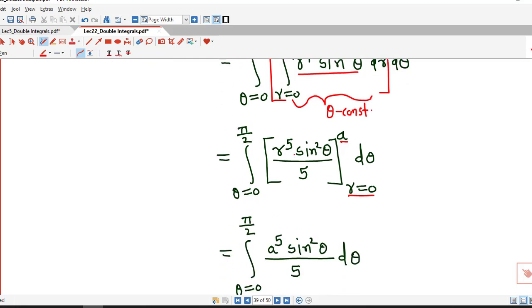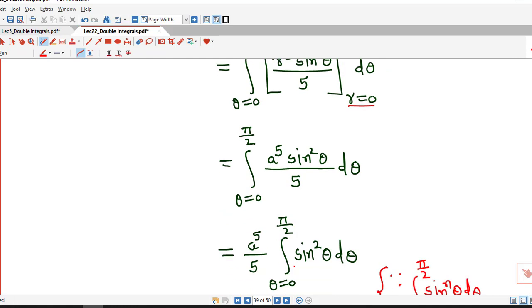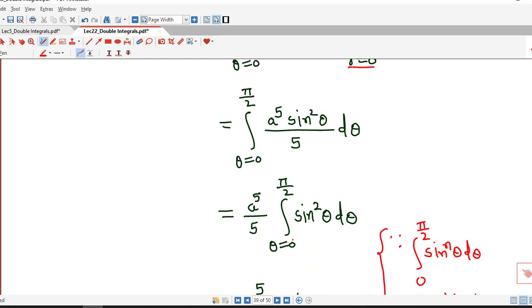So first we put r equal to a, that is a raised to 5 sin square theta divided by 5, minus r equal to 0, that will make the lower limit 0. So we have a raised to 5 sin square theta divided by 5. Now this a raised to 5 by 5 is constant, independent of theta, which we can take outside the integral, and then we have sin square theta from 0 to pi by 2.